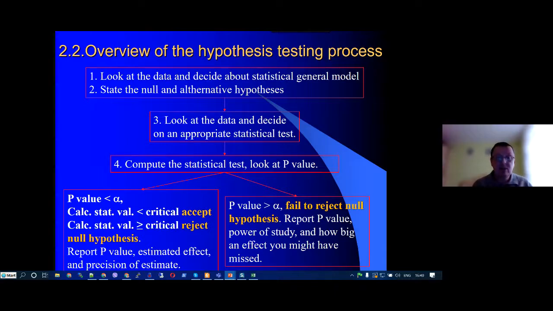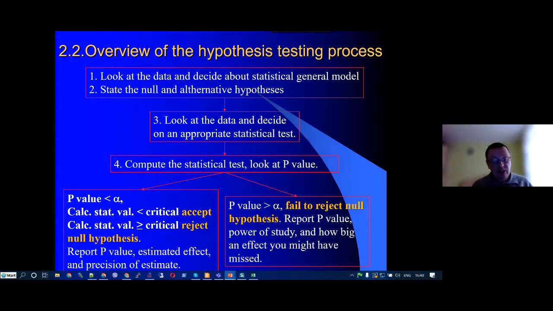Then again, we have to look at the data and decide on the appropriate statistical test within the given general model. Only after that will we be able to compute the test statistic and get the significance value, also called the p-value, and compare it with the so-called critical alpha level, which is 95% or 99% in modern times.